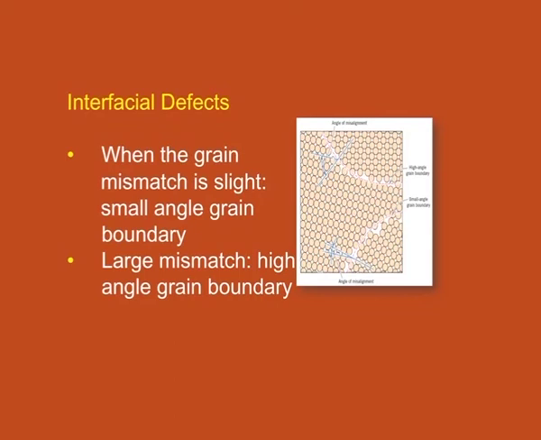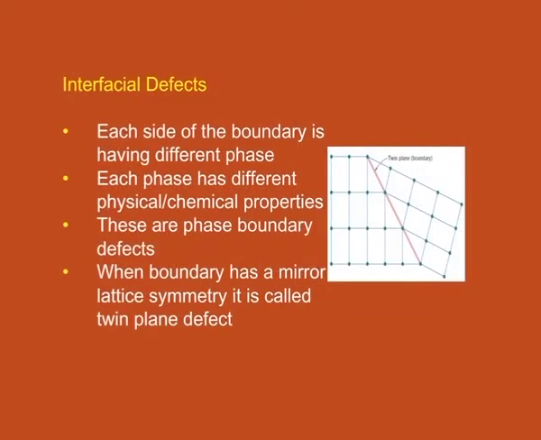So, you can see from this particular figure that there are two types of grain boundaries, small angle grain boundary and high angle grain boundary, both of which can be seen in the figure. Now, each side of the boundary has a different phase, and each phase has different physical or chemical properties.